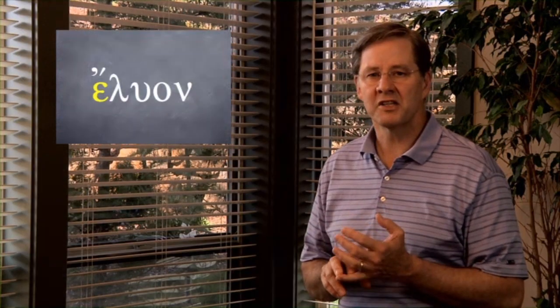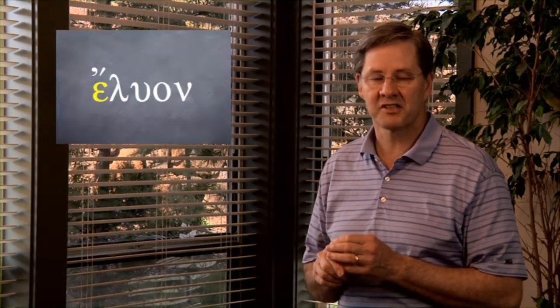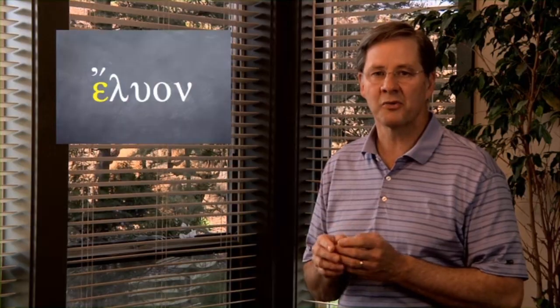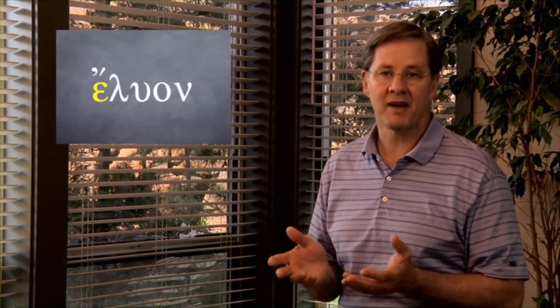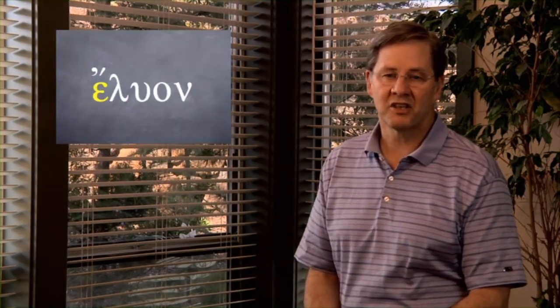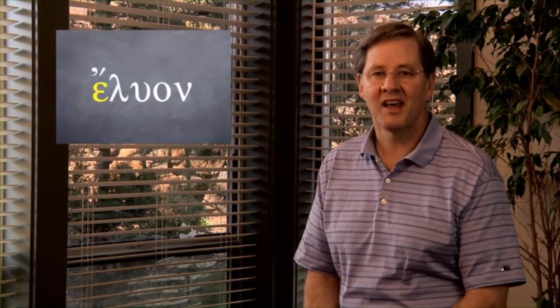In terms of how to form the imperfect, there's two new things that we're going to learn. There's going to be an augment and there's going to be secondary endings. Let me just introduce augment just real briefly, and then I'll go into more detail about it in a little bit. The augment is basically a prefix that you add to the beginning of the Greek verb that puts it into past time. And so in the charts, you're going to see a form like eluon.